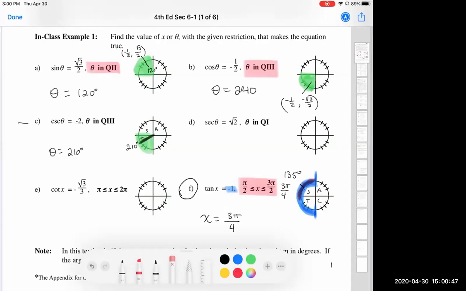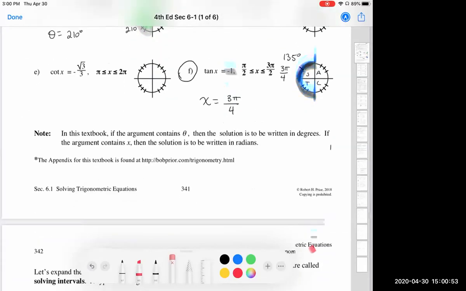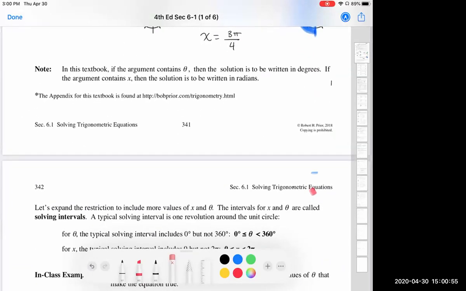That's the type of limitation. That's something we'll see in chapter 6 as we try to find our answer. Note, in this textbook, if the argument contains a theta, the solution is written in degrees. If the argument contains x, the solution is to be written in radians.